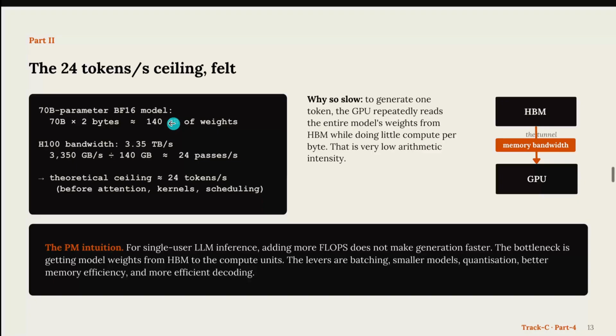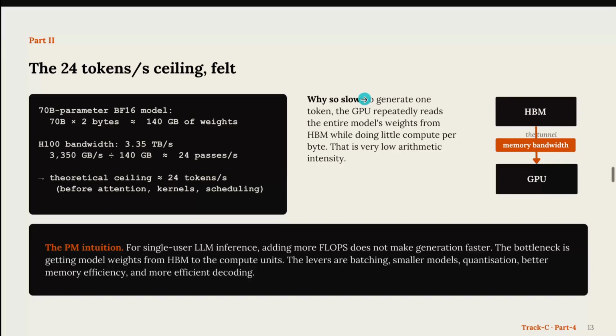So 3.35 terabytes per second, which we saw earlier, divided by 140 GB gives you the number of passes through the neural network, and each pass typically generates a token. So there is a theoretical ceiling of 24 tokens per second, before attention, kernels, and scheduling, which are other topics that consume other types of memory.